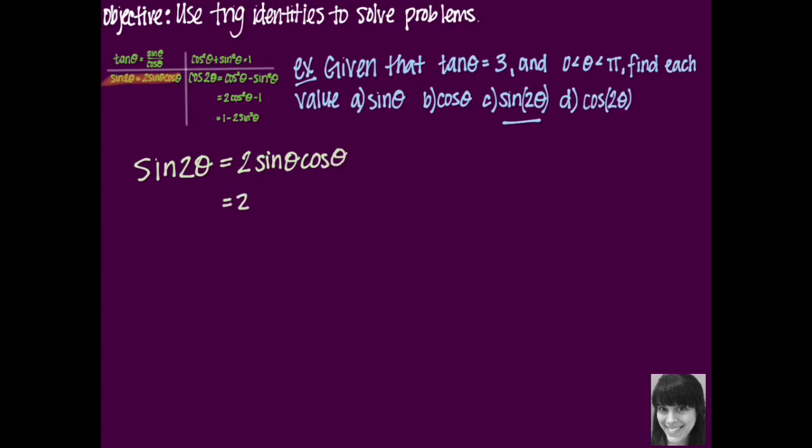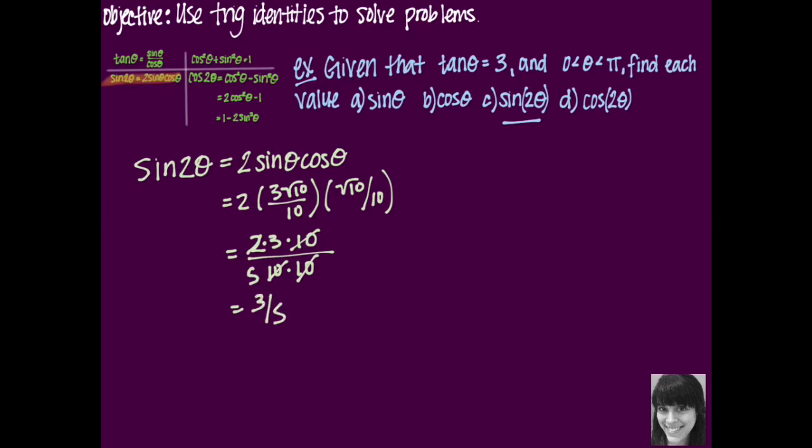And we know that sine of theta is 3 square root of 10 divided by 10, and cosine of theta is square root of 10 over 10. When you work this all out, you'll get 2 times 3 times 10 over 10 times 10. And then this cancels out with this, and you can make this a 5, so you get 3/5. That is sine 2 theta.